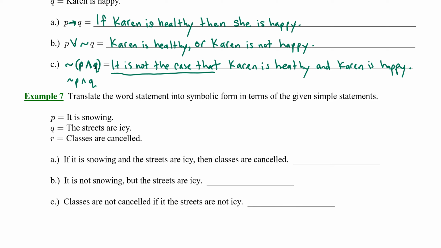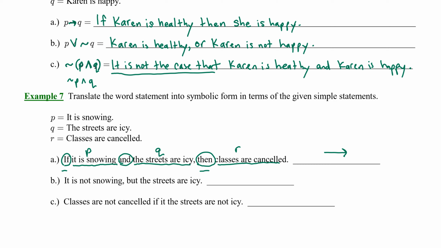Let's recognize our simple statements there. It is snowing is the statement P. The streets are icy is the statement Q. Classes are canceled is the statement R. Everything that's left is a connective that we need to translate. The combination if, then is a conditional. So I'm going to go ahead and get my conditional arrow ready to go.